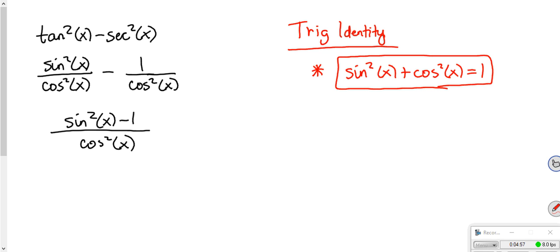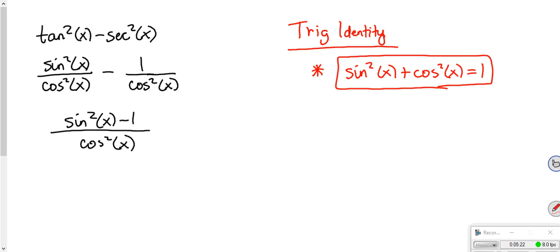Sine squared x plus cosine squared x equals 1. Now, that comes from Pythagorean's theorem, and it comes from, if you remember on our unit circle, sine is your y-axis, cosine is your x-axis. So sine squared plus cosine squared equals 1, Pythagorean's theorem.